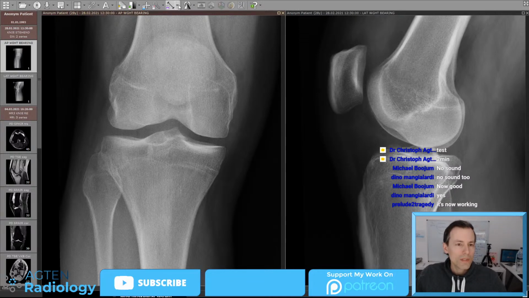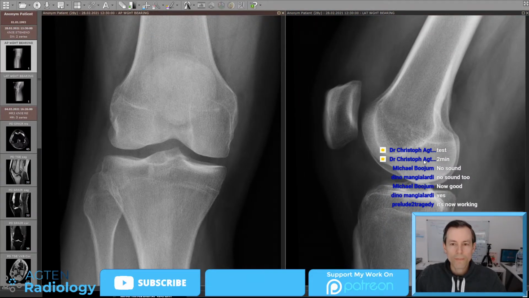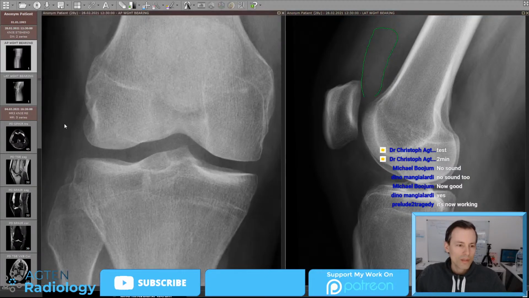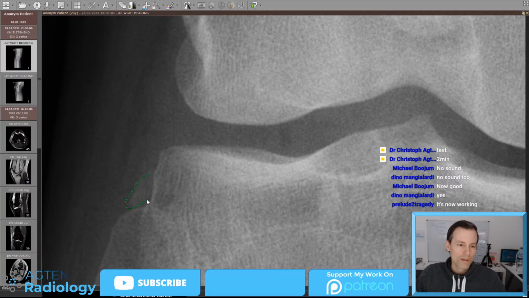So you can see here the radiograph of a young patient, 28 years old, and this was done for a trauma. He had a fall, I think it was skiing or snowboarding. We can immediately see we have the joint effusion here in the suprapatellar recess, and if you look very carefully, you can at least guess that there is an additional fragment here.